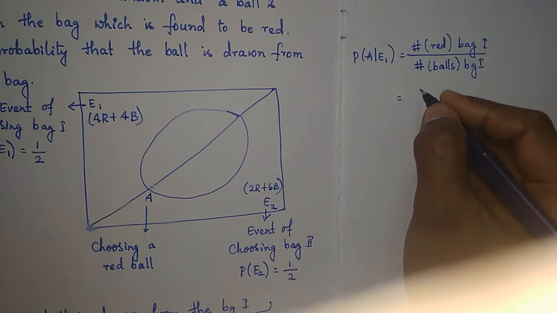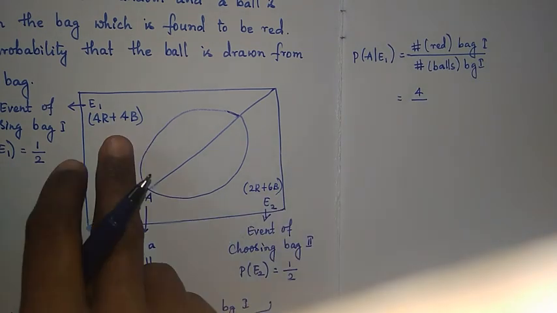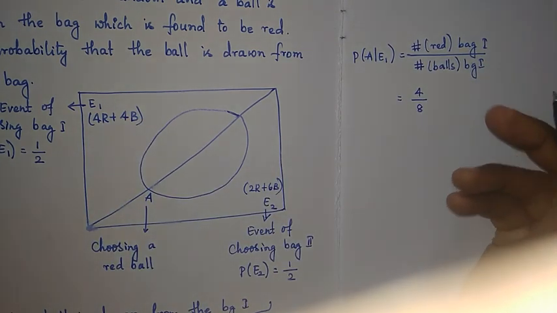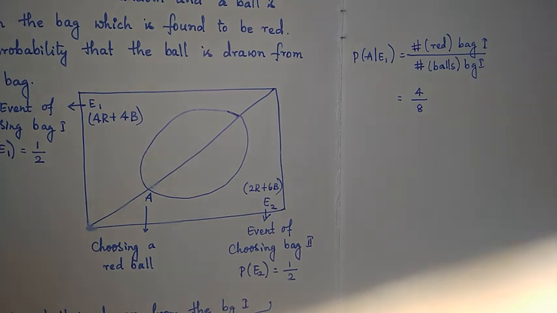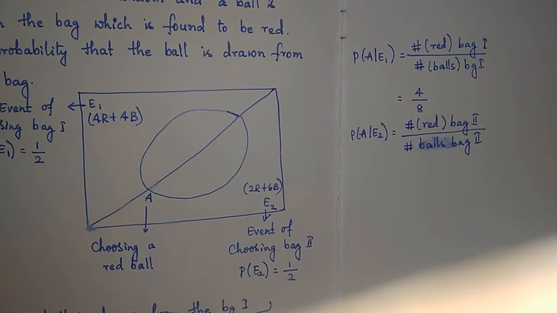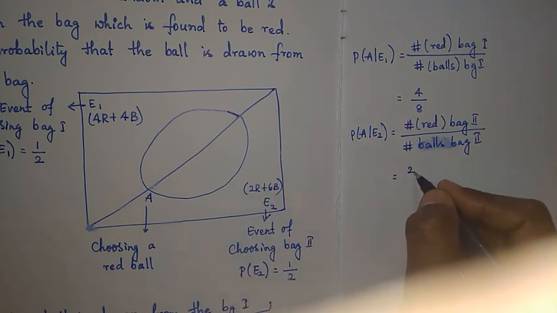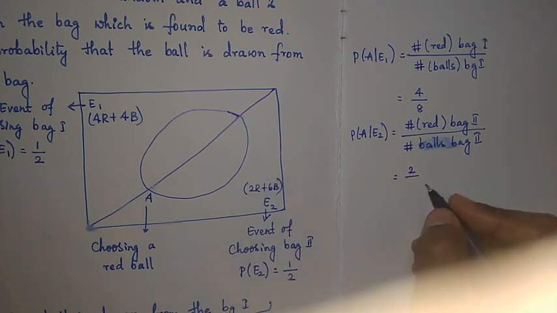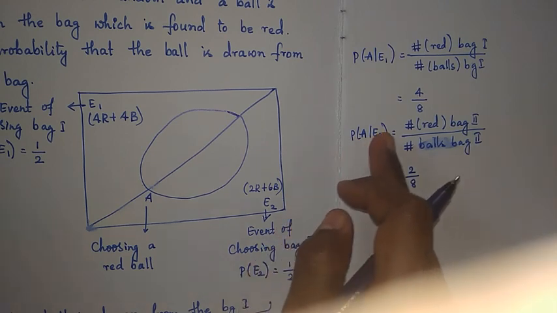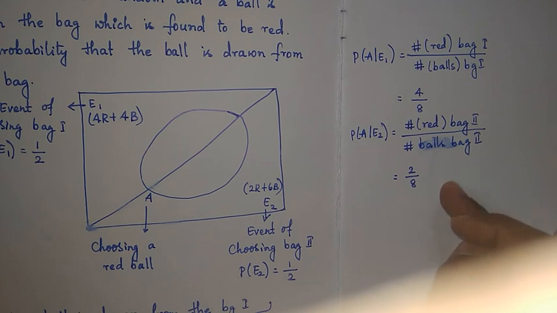Bag 1 has 4 red balls and the total number of balls is 8, so it is 4 by 8. Similarly, P of A given E2 is the number of red balls in bag 2 divided by the total number of balls in bag 2. Bag 2 contains 2 red balls and there are 8 balls in the second bag. So P of A given E2 is 2 by 8.